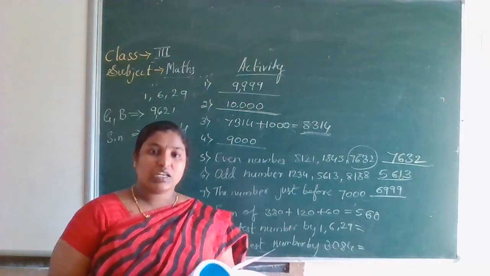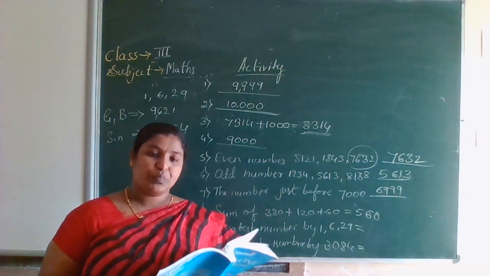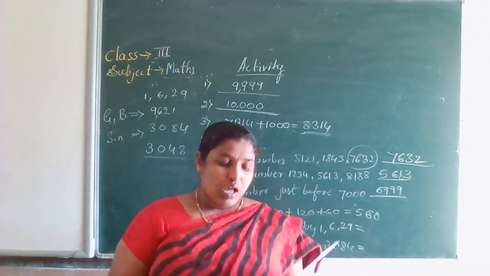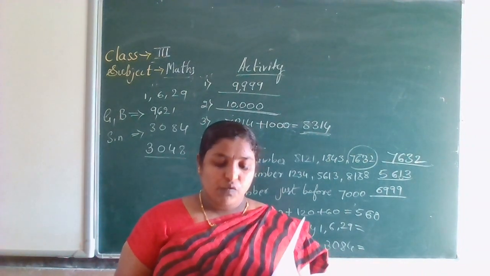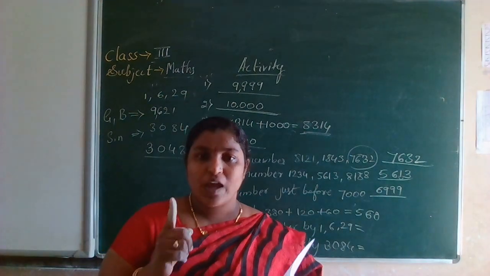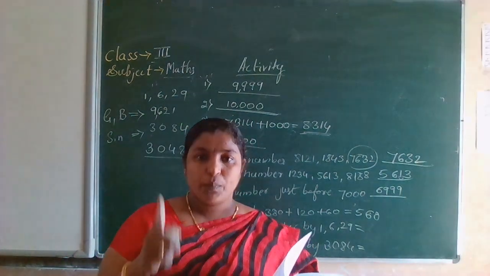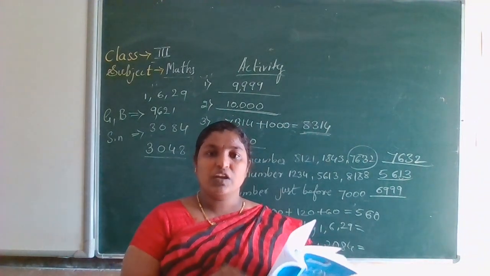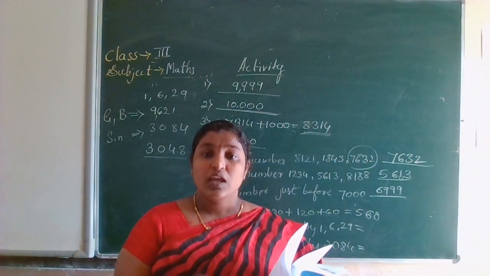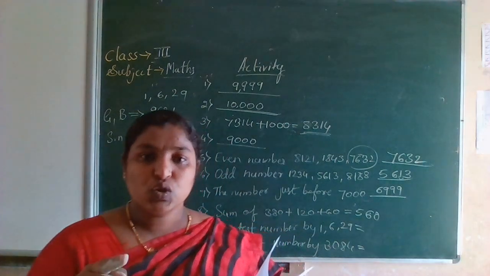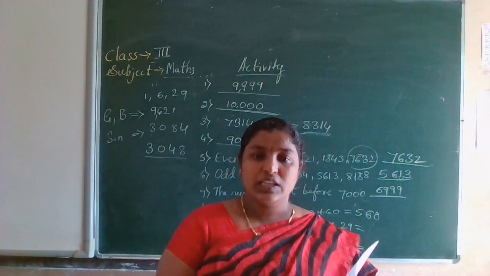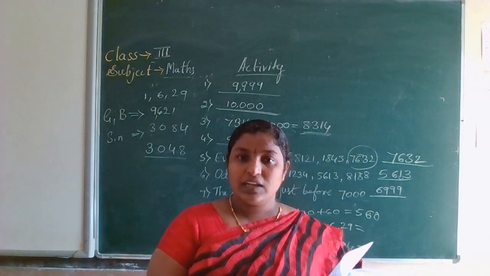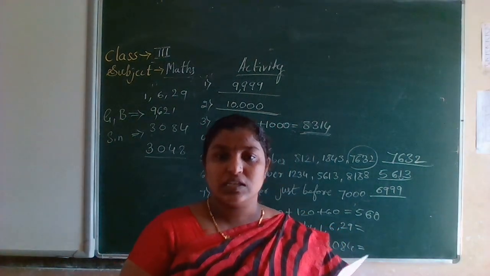Let us practice 2.2. Write each of the following in expanded form. Do you have your textbook? Open it. Wherever I am reading, you just keep your finger on the lines. After reading, you should think whether you can write this answer or not. If you feel that you can write, then you have understood the lesson.